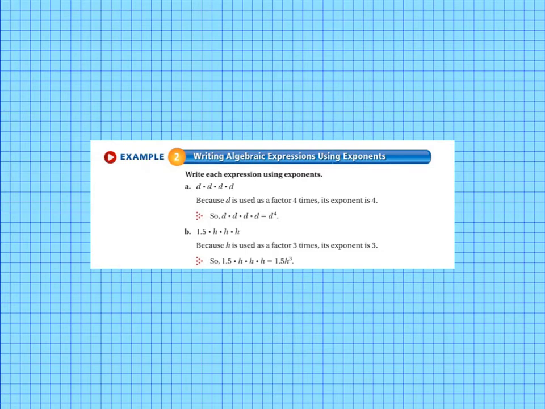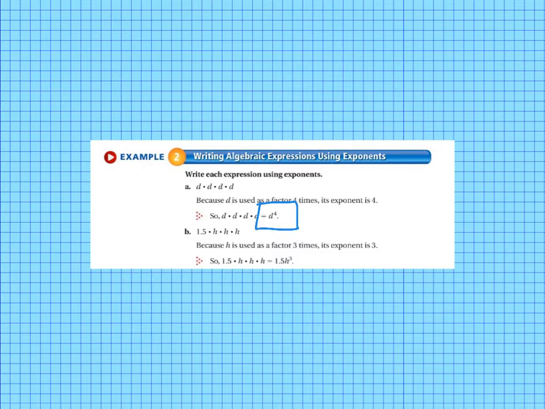So if we look at example 2a, we have D times D times D times D. And it says because D is used as a factor 4 times, its exponent is 4. So D times D times D times D equals D to the 4th power. And then for example 2b, we have 1.5 times h times h times h.